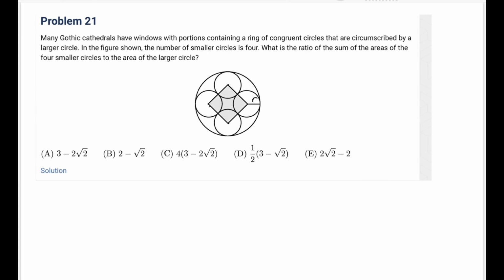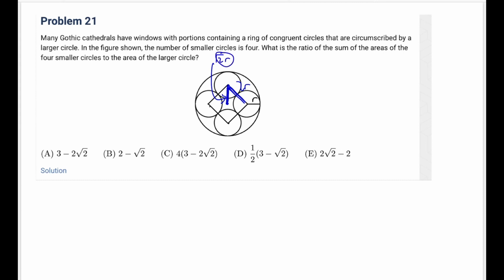So we can connect the centers, and then they will form a square. Since the square's one side is two of the radiuses, this will be 2r. From the center of the big circle to the center of one of the smaller circles, this would be root 2 r, right?